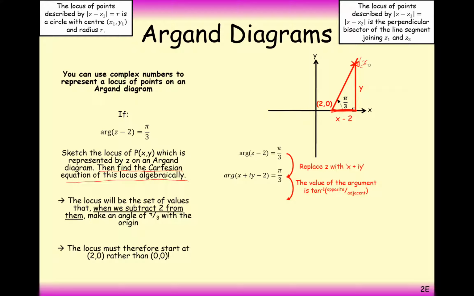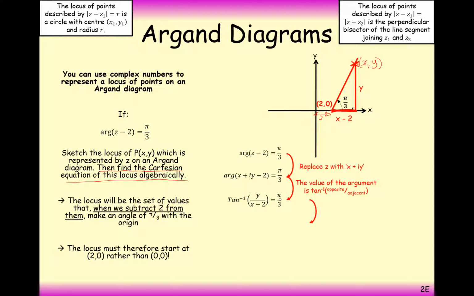But the distance along from here to here is only x minus 2 because we've cut out a portion of 2 off of the real axis. So it's x minus 2 along the bottom here. The imaginary part is still y.